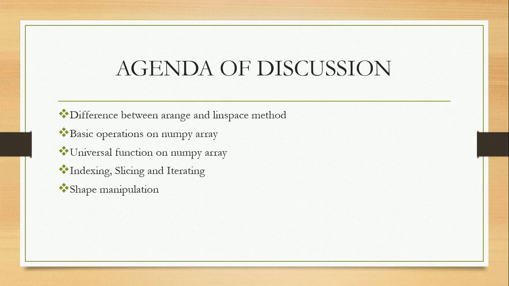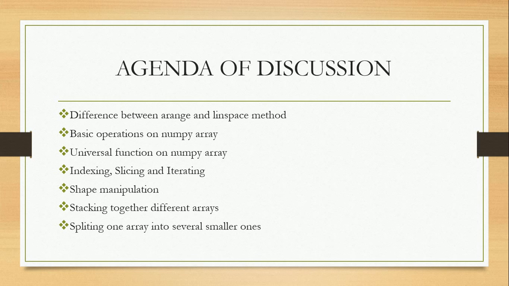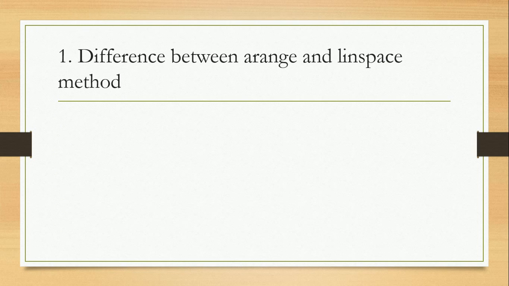Then thereafter, in the stacking part, we'll be discussing how can we merge two arrays, how can we merge more than one array, and what all methods of stacking are available with us. Then we'll be discussing splitting one array into several smaller ones. Okay, so let's start with the topic presentation.